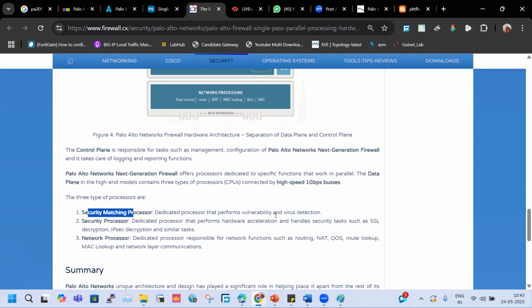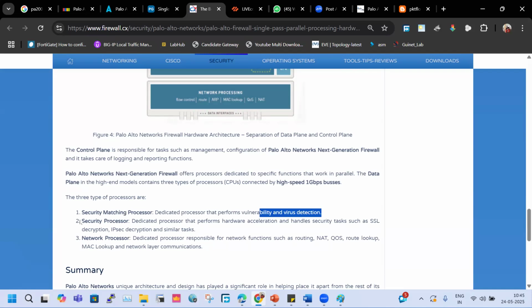Whenever traffic hits the firewall and tries to go outside, or whenever a user in the local area network tries to download something from the outside world, this processor will check all the virus content, Trojans, worms. If it doesn't find anything, it will not block it, and will allow it accordingly.